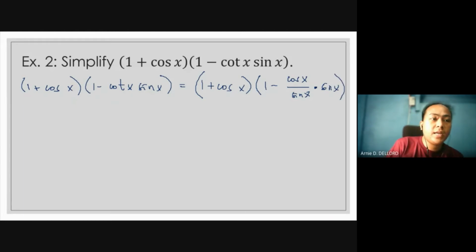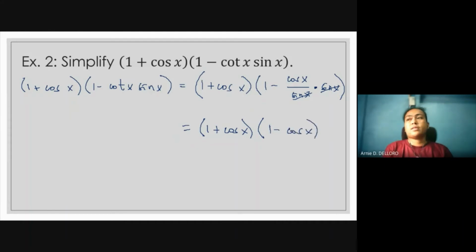And we can actually cancel sine x in this factor. Okay? So we have 1 plus cosine x times, na-cancel na yung sine x, ang natitira lang is 1 minus cosine x.